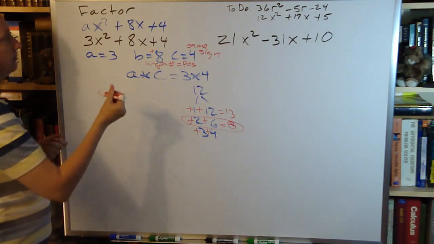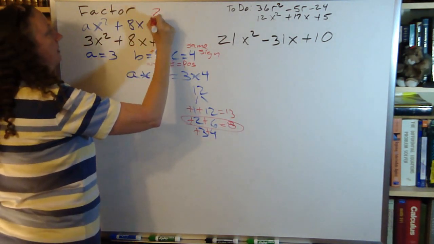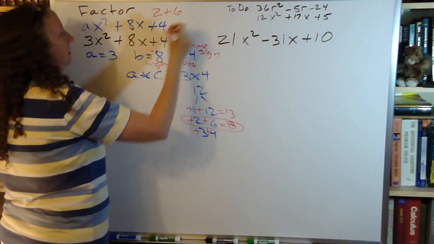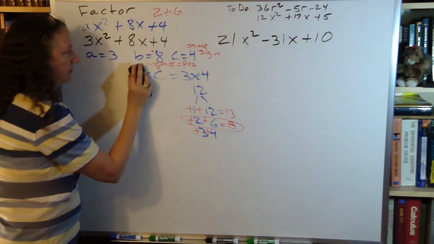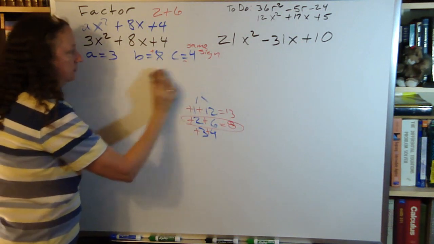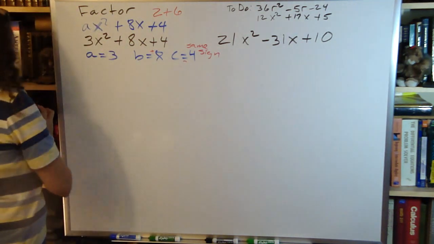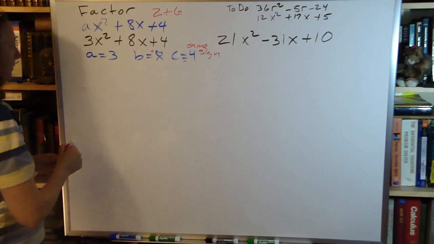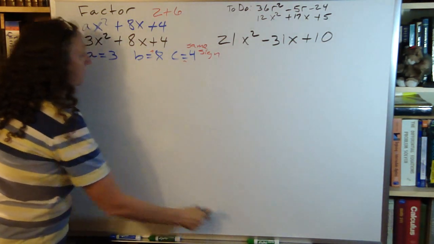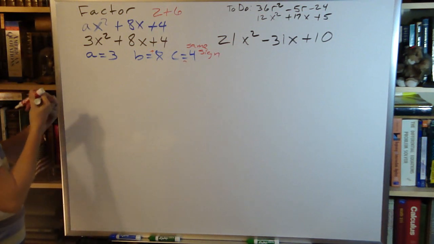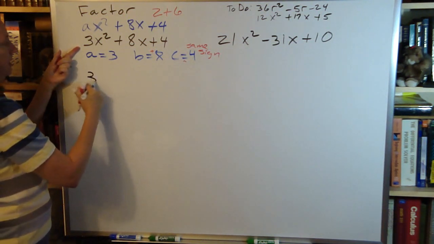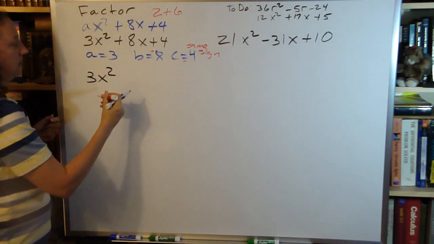So now that I know my number, I'm going to make note of that. And I'm going to make some more room here so you guys can see what I'm doing. So I'm keeping the a term the same, so I have the 3x squared.